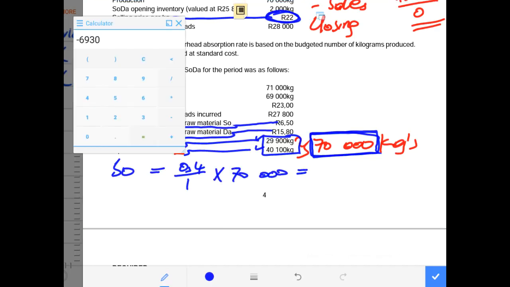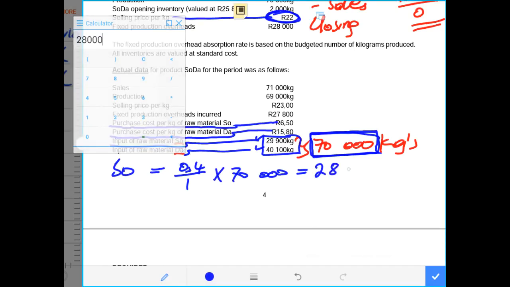0.4 divided by 1 is 0.4, times 70,000. This gives us the standard mix as 28,000 kgs, meaning the kgs that were supposed to be mixed based on the standard information. Then we go to material dar and say 0.6 divided by the total standard mix, which is 1.